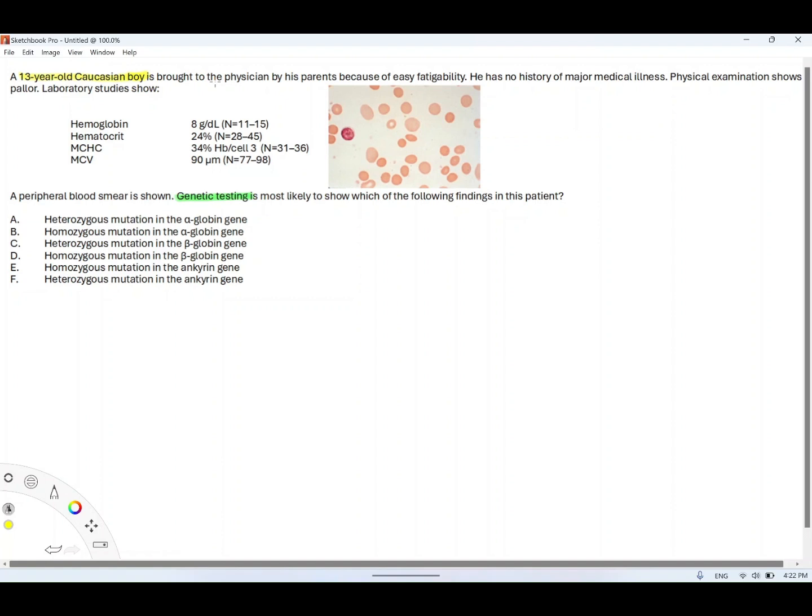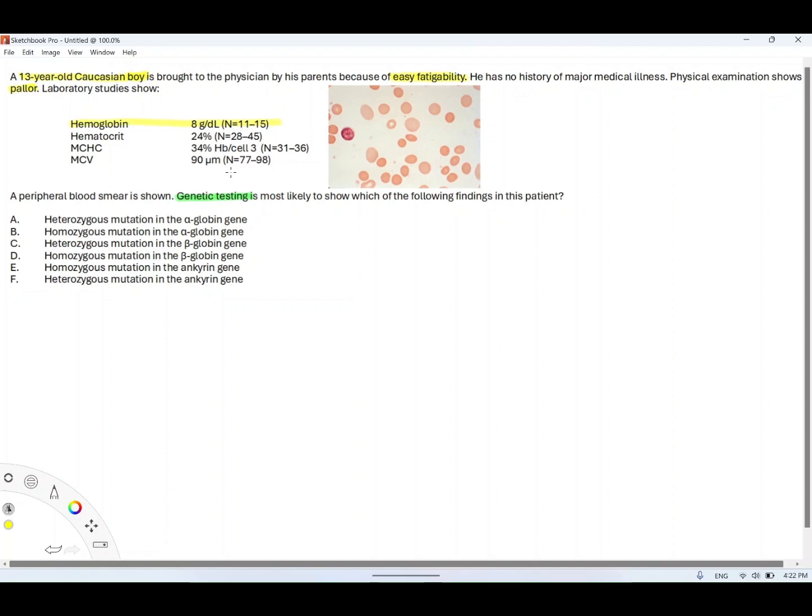Young boy, think of X-linked recessive disease. He was brought to the physician by his parents because of fatigability. So he gets fatigued easily. He has no history of major illness. Physical examination shows pallor. So there are some symptoms, and then hemoglobin is low, and corpuscular volume is normal. The rest of the things are normal. Hematocrit is low, which doesn't matter.